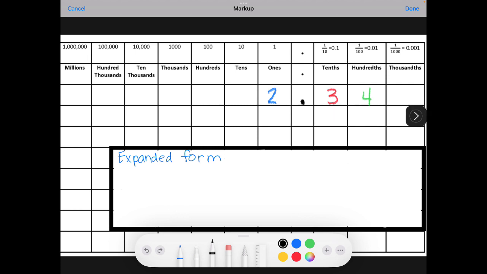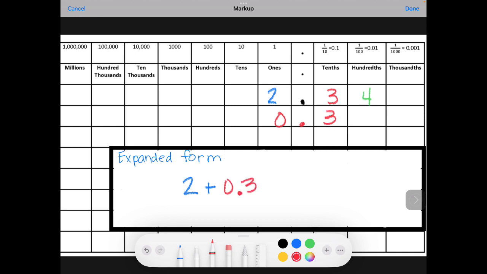So if I was going to write the expanded form for this, I would put 2 plus. Now, this 3 is in my tenths place. If I pulled it out by itself, that number would look like this, right? So that's what I'm going to add to my 2.